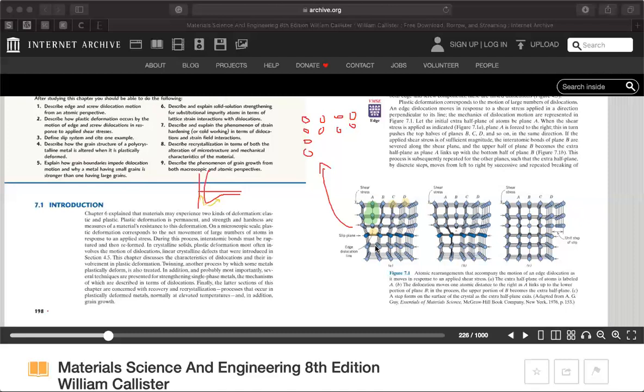If you compare it with the perfect lattice arrangement, and look at this bond that's connecting these two atoms, do you think this bond is stretched or compressed compared to the perfect crystal? I feel like it has the same spacing.